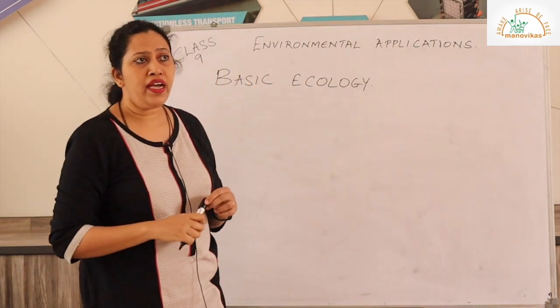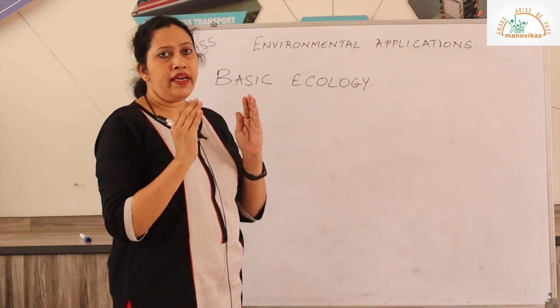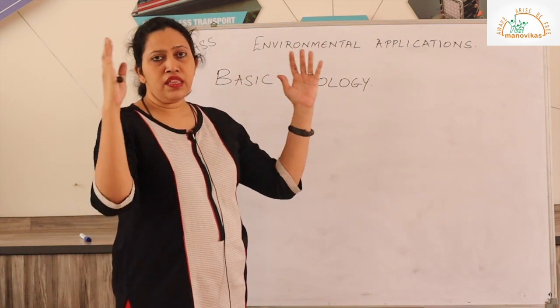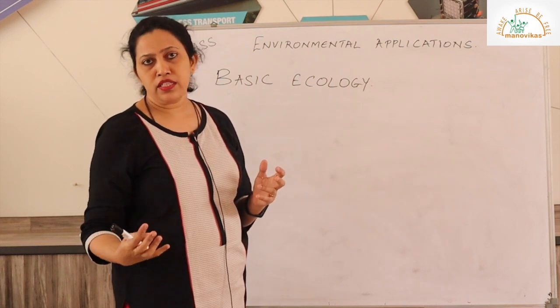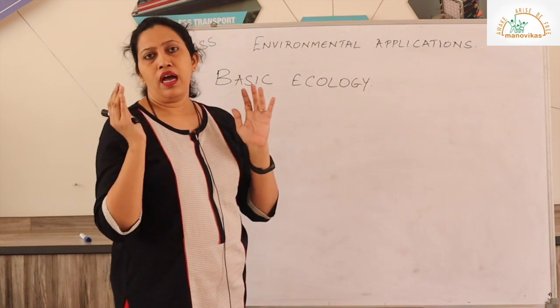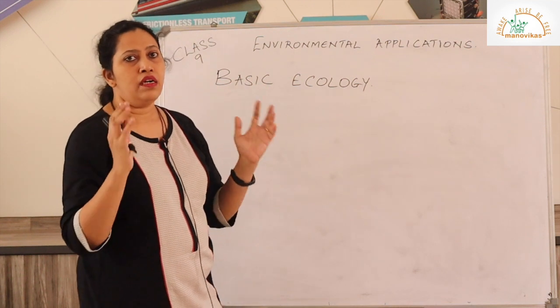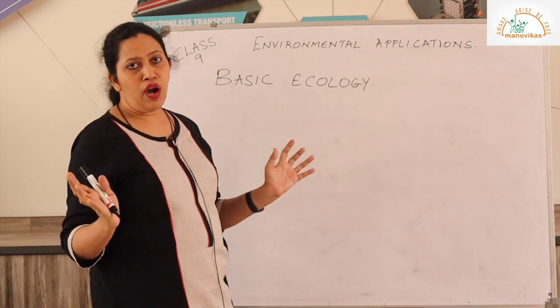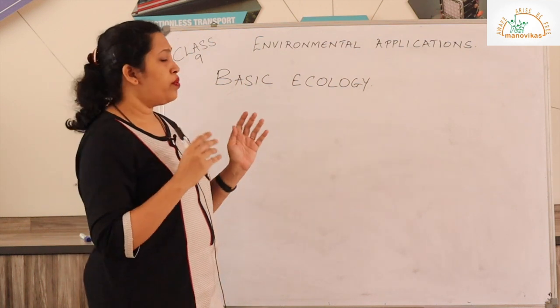Now if you take an animal in the forest like an elephant, the whole thing around it, the other organisms, microorganisms, the plants, the abiotic factors like air, water, soil, the trees or the land is its environment.